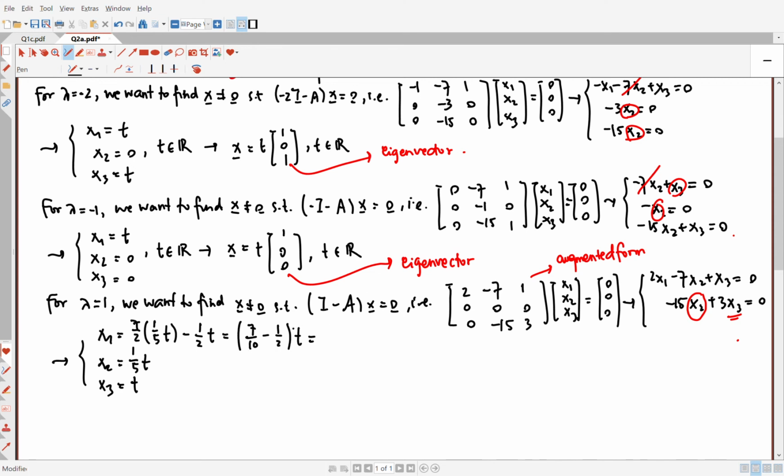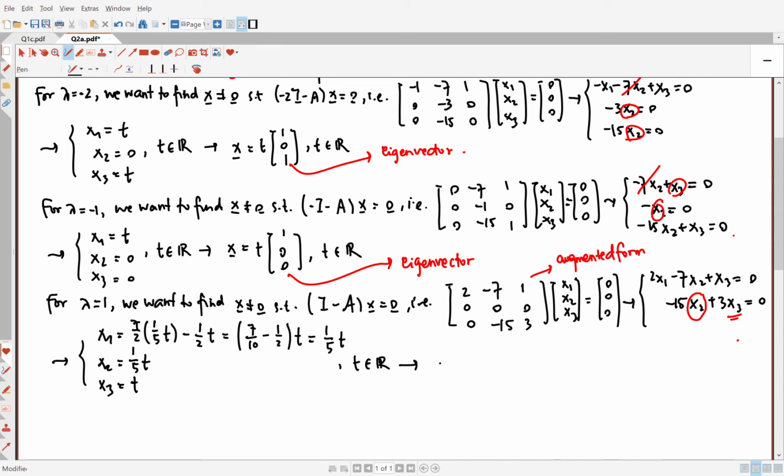So this is 5 over 10, 2 over 10. So this is 1 over 5 t. Okay, yeah, should be correct, where t is a real number.